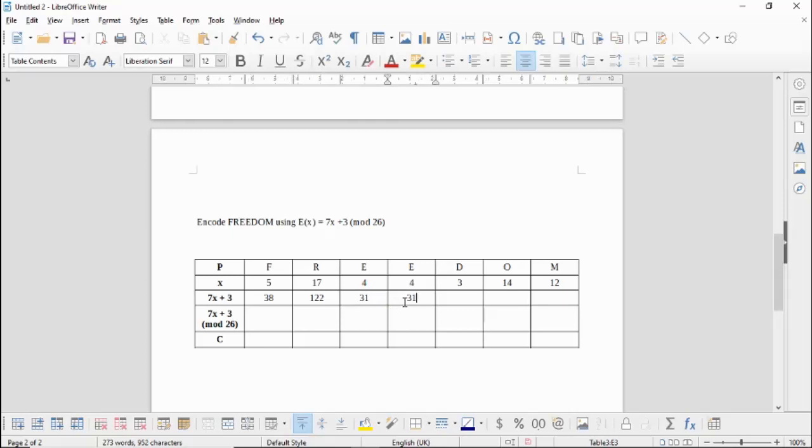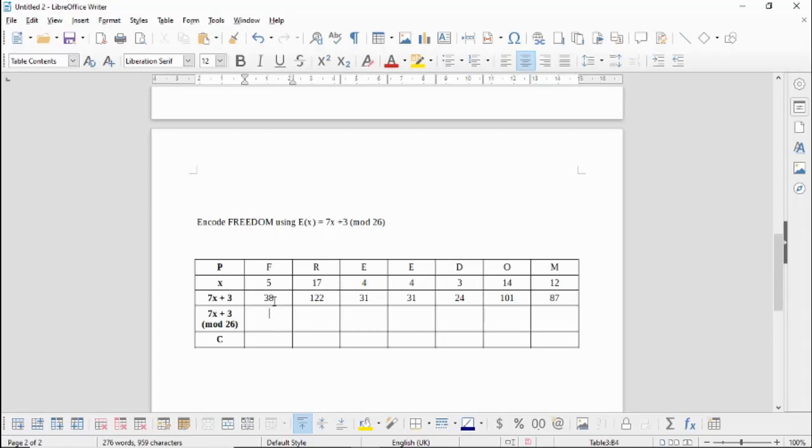Again, 31. When x is equal to 3, 7x plus 3 is equal to 24. When x is equal to 14, 7x plus 3 is equal to 101. When x is equal to 12, 7x plus 3 is equal to 87. And now we're going to find out the mod 26 of these values.